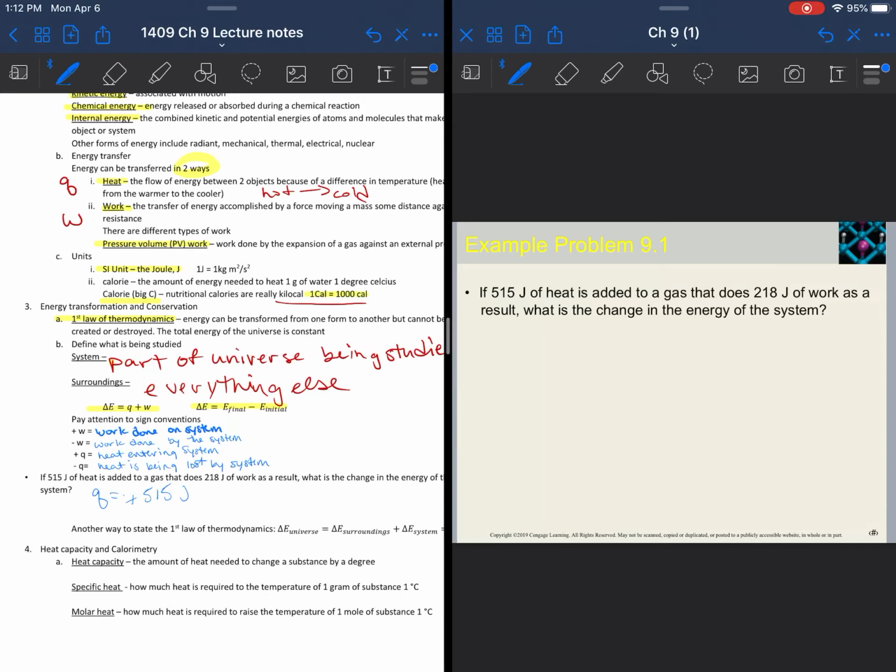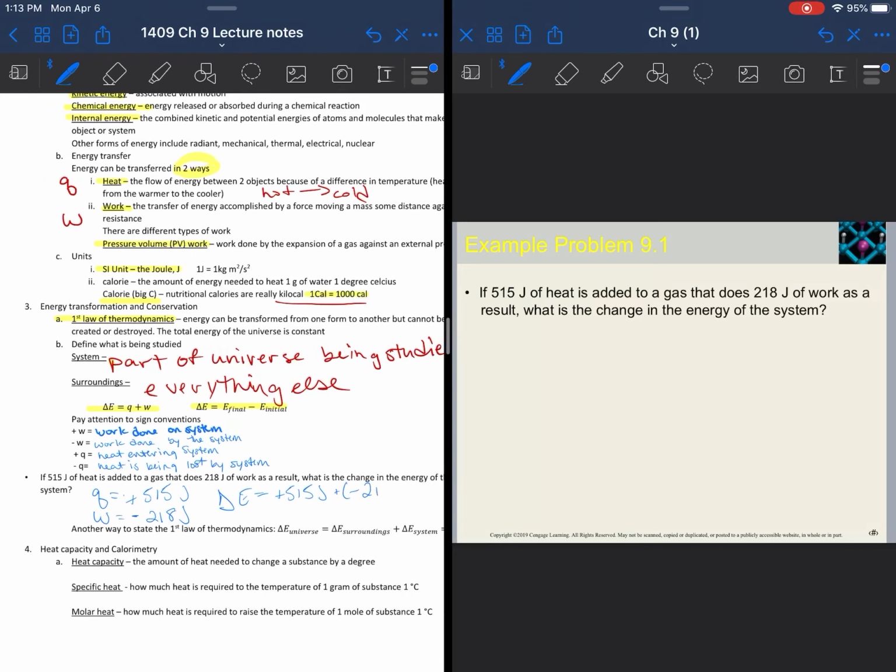So that's going to be a positive 515 joules. Now, the gas does work as a result. So the gas is doing work, the system is doing work. That's going to be a negative 218 joules. So what's the overall change in energy of the system?